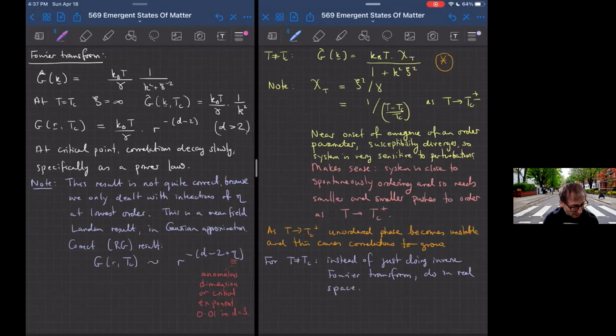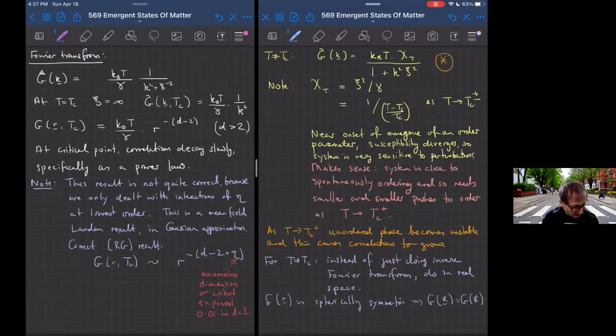So why do we do it in real space? Well, we notice that the delta function is spherically symmetric. And so that means that we expect that g of r is really just going to be a function of the magnitude of the vector r.